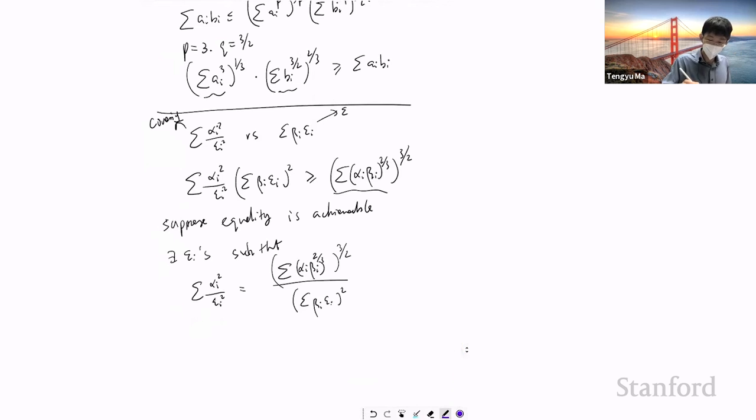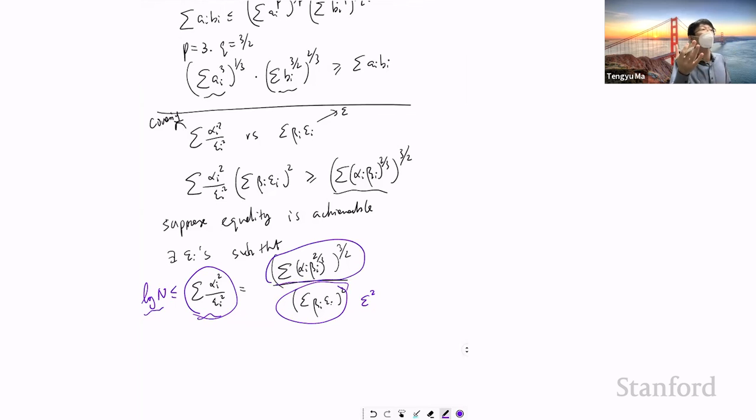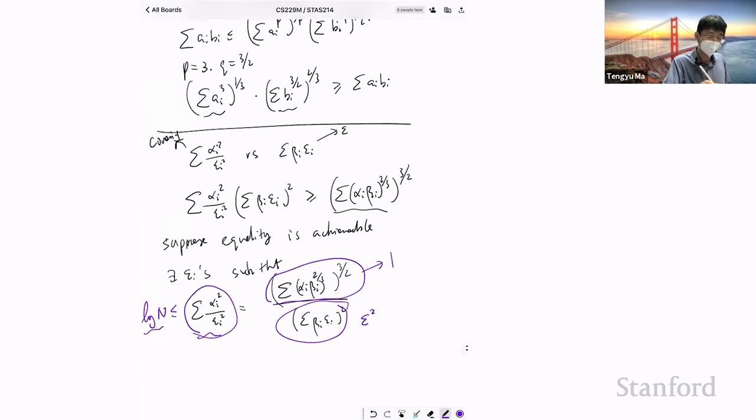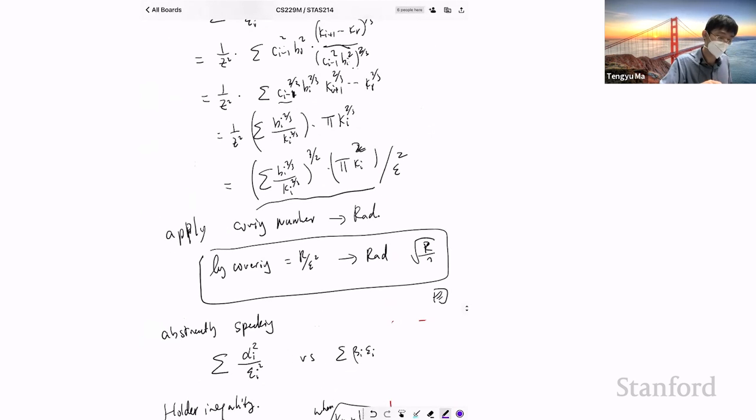And recall that this is your epsilon squared, and this is your log covering number. Then you get that you can choose epsilon_i such that the log covering number is less than this, which equals this quantity over epsilon squared. And this quantity is what you are looking for, right?